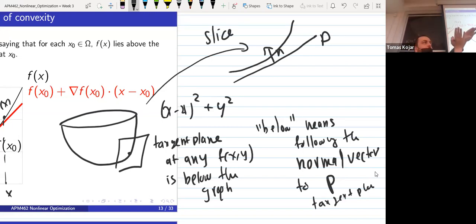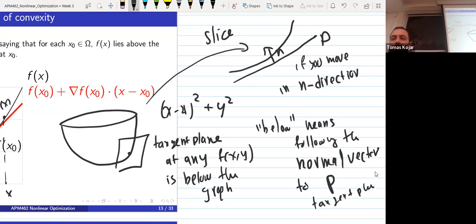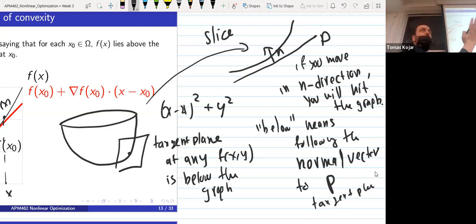So if you move a little bit along the normal vector, you will hit the graph. So this is what we mean by convexity in higher dimensions. The tangent plane eventually hits the parabola.